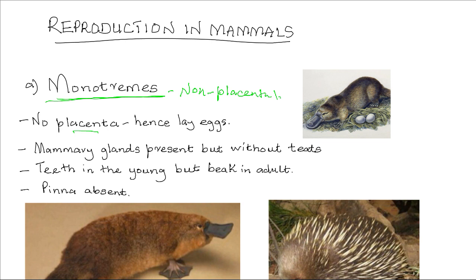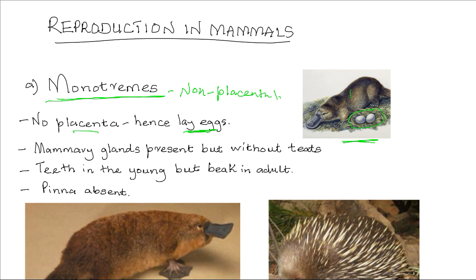After fertilization, the embryo is released from the female's body within an egg. So these are the egg-laying mammals, as shown in this drawing here. This is a monotreme, which lays eggs that she actually incubates.